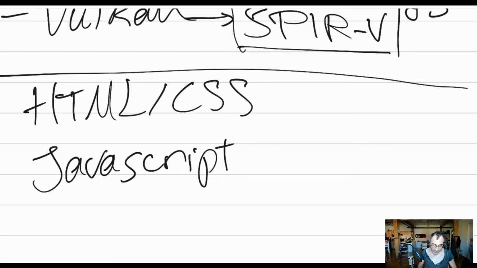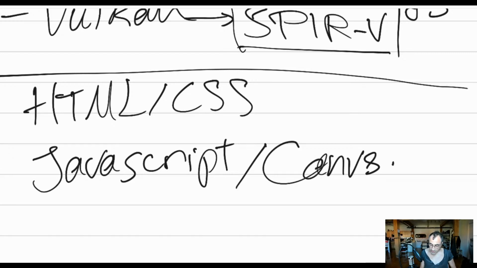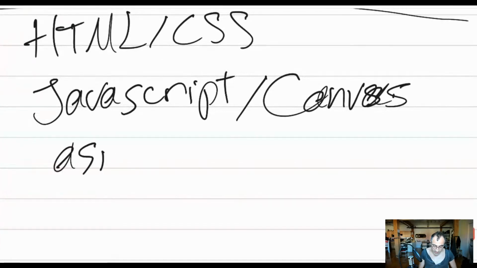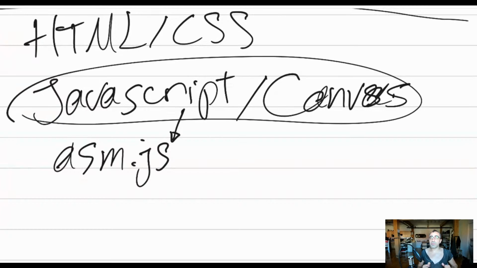Let's get beyond that. And then when Canvas was added, drawing became completely general purpose and up to the hand of the designer. And then asm.js happened as a way to use this mechanism to just compile your C code and ship it.